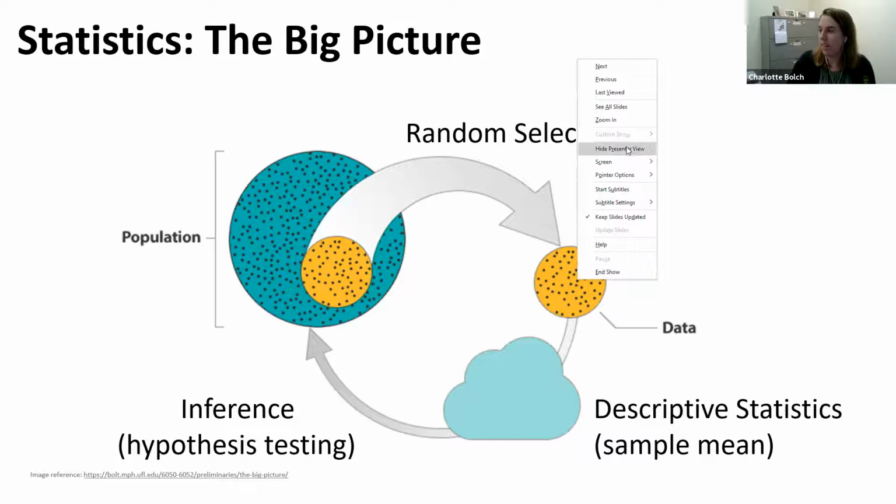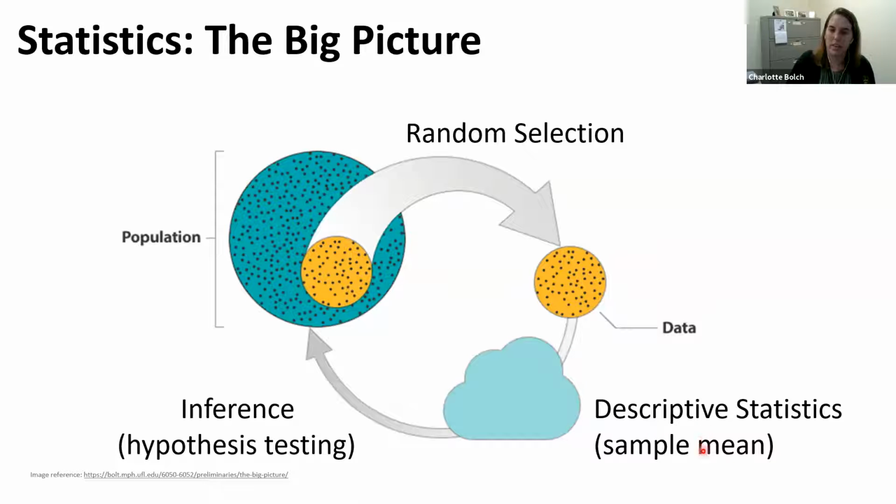Last time we talked about taking this random sample, having our data from that sample, and doing descriptive statistics in terms of our sample mean. And the inference we talked about was confidence intervals. Well, this time, instead of confidence intervals, we're going to focus on hypothesis testing.